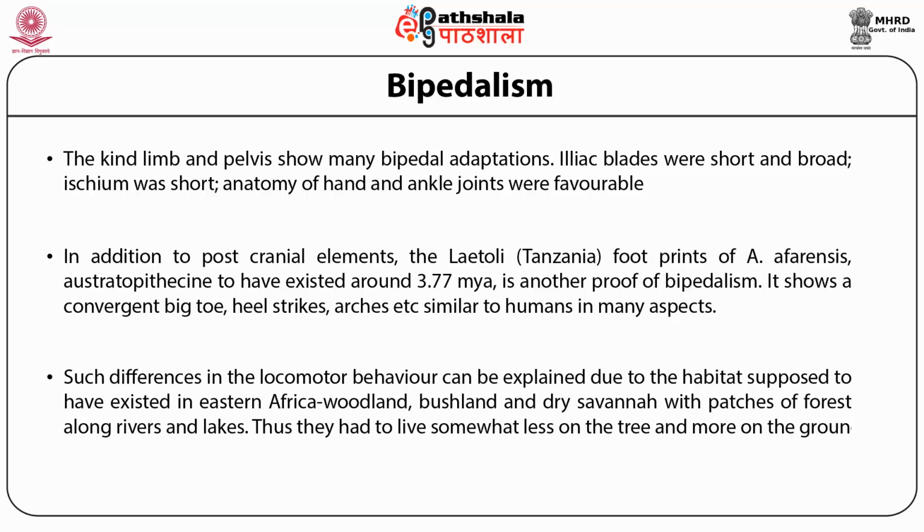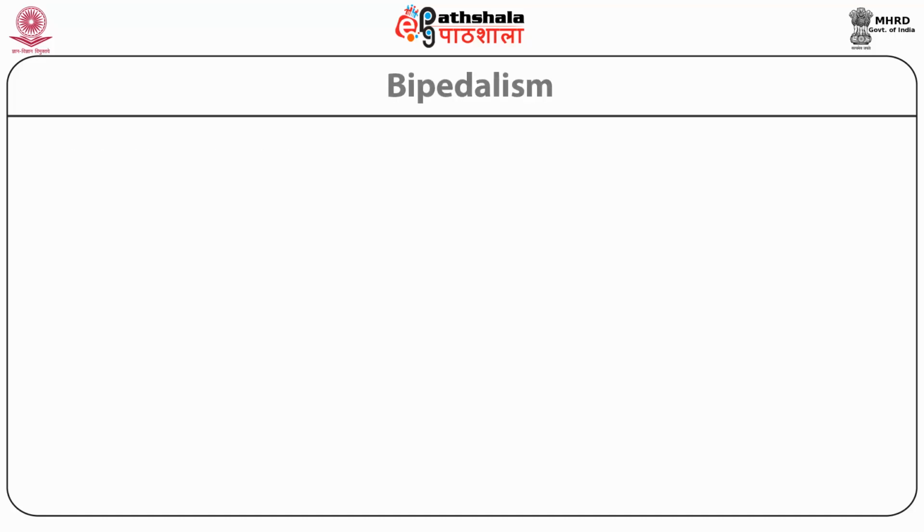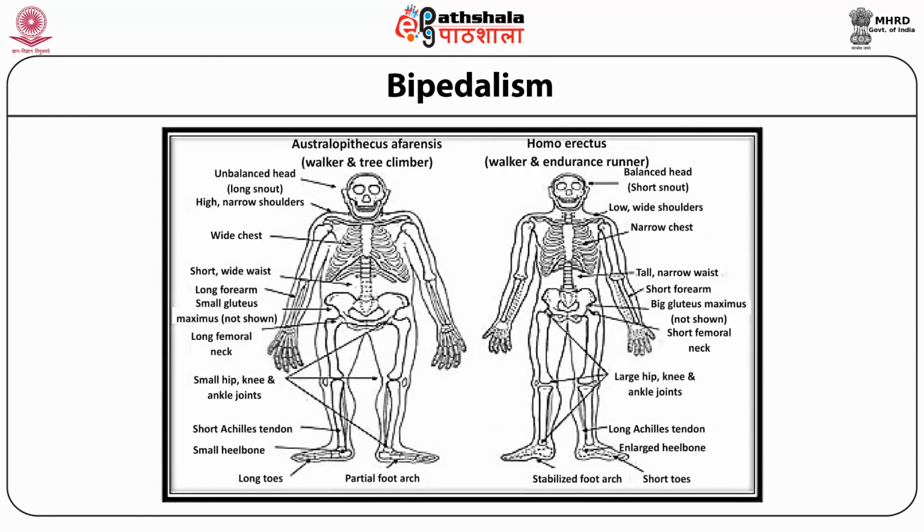We can clearly see the evolutionary changes that took place in the bipedalism of apes and the Australopithecus or Homo group in the next figure. Reflect on the figure, in which we can clearly see the differences between Australopithecus afarensis and Homo erectus, which show the evolutionary changes especially in their morphological as well as anatomical characteristics.